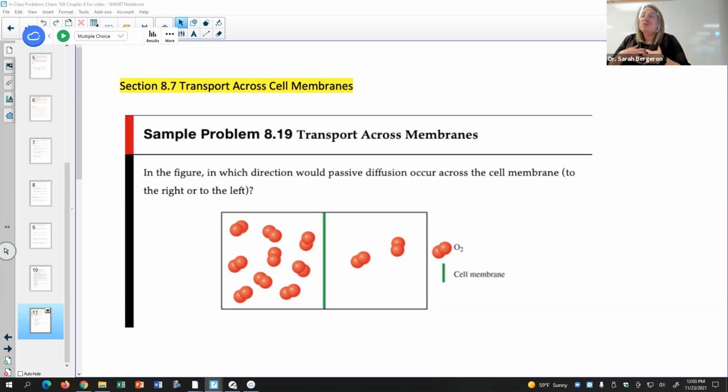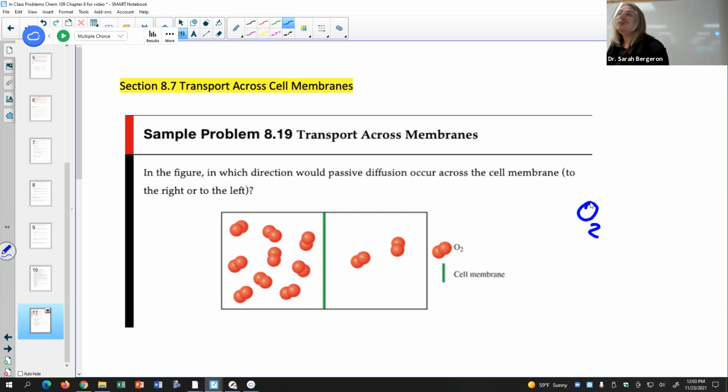So the same thing is true inside of our bodies. We have molecules that move, and some molecules are going to be able to get in the cell all by themselves. For example, oxygen, right? Oxygen, tell me about the properties of a molecule of O2. If I were to draw O2, what does O2 look like?